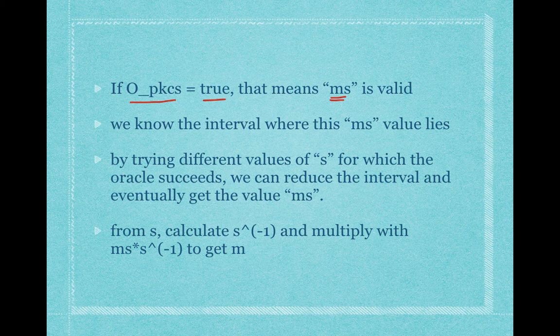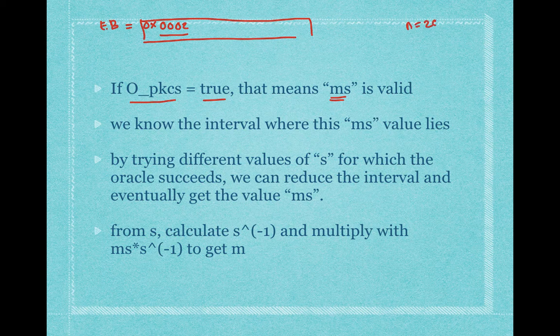The reason is, let's say I told you in the padding format, the encryption block is starting with hexadecimal 0002, right? That means you already know the first 2 bytes. So in our example, let's say I am using a modulus value of 2048 bits. That means the length of this modulus is 256 bytes.